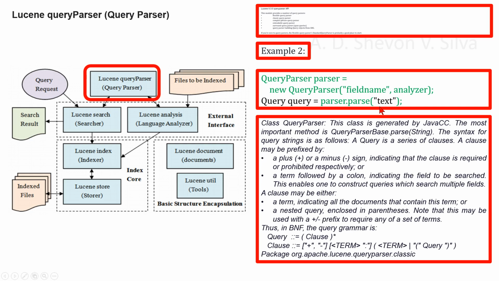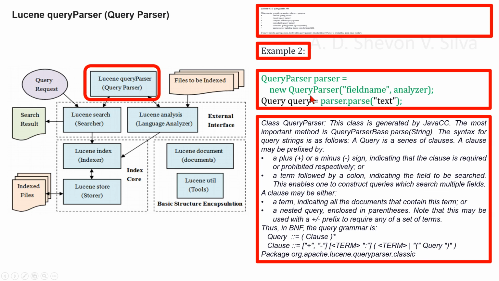Thus the BNF, the query grammar, is: query equals clause asterisk; clause equals plus or minus, then term, or within brackets a term or query. This is in the package org.apache.lucene.queryparser.classic.